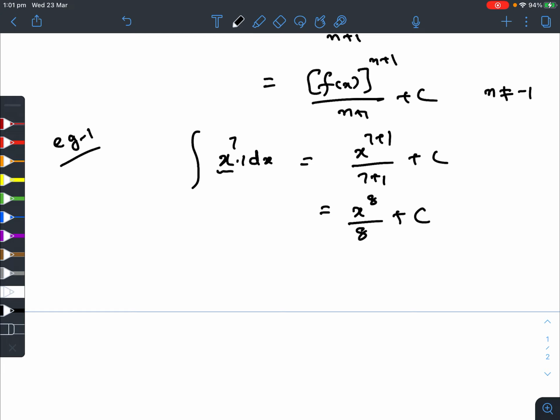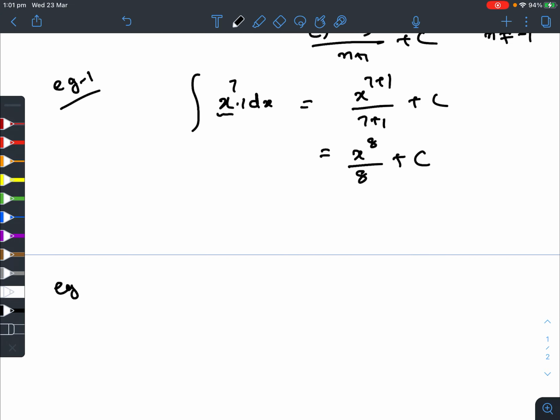Now let's have a look at another example. Suppose we have a function of the form 2x plus 1 to the power 11 dx. One thing you can observe here is that this function has a derivative 2, which is actually not here.